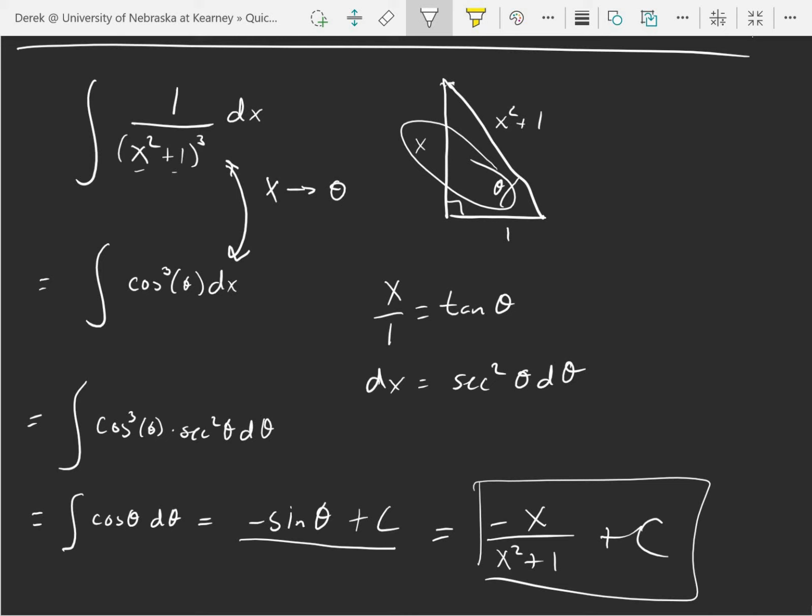Any equation that you get relating those variables is a valid use for a substitution. I can use this tangent equation, or I could have used the cosine equation. I could use the secant equation. I can use any equation I want. And this is true even if you just have algebraic stuff. It doesn't have to be trig stuff where you get different equations.